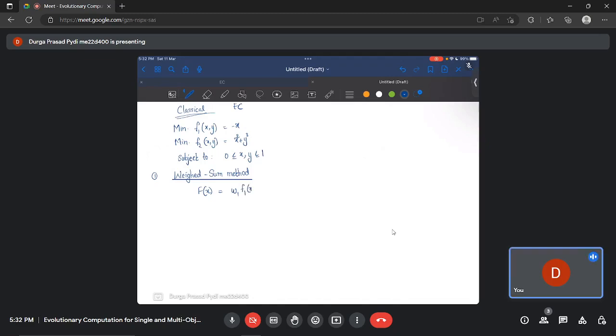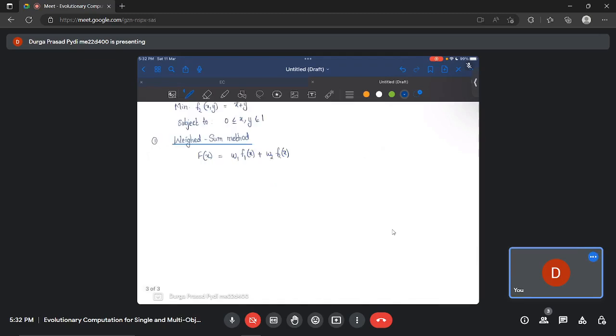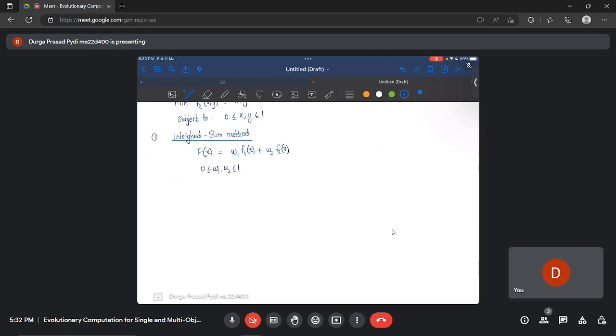So we are defining a new function, something like w1 times f1 of x comma y plus w2 times f2 of x, with some constraints on w1 and w2.